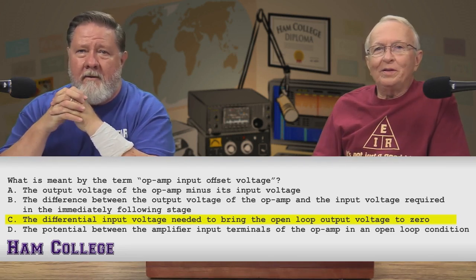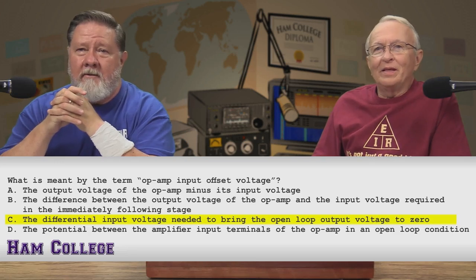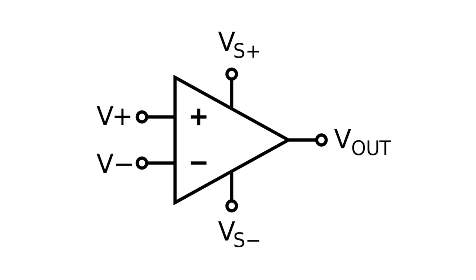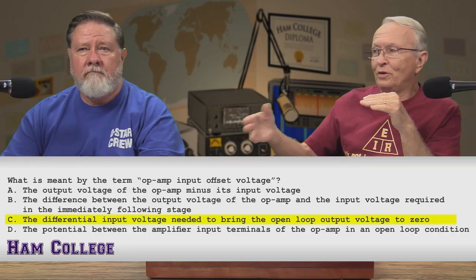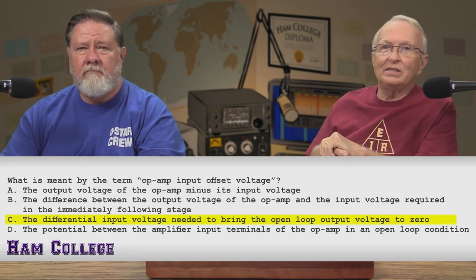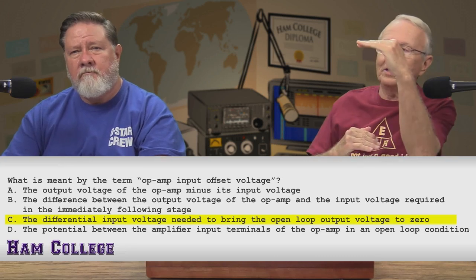So, what are they talking about there? Well, we looked at the op amp earlier and it had a negative and a positive input. If you're looking at the output voltage, you want it to be zero. You would think the positive input and the negative input should have the same exact voltage in a perfect world, and it would be zero at the output of the op amp. However, that's not always the case, and there's a little offset between the two.